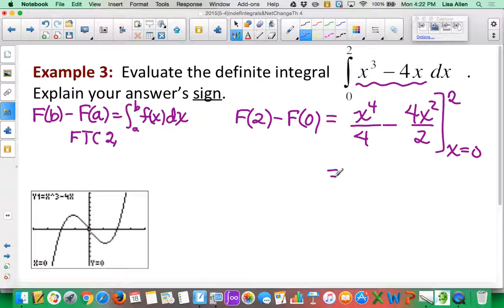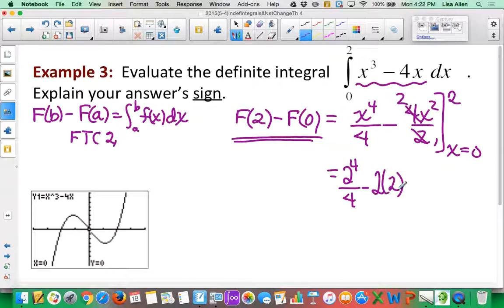We don't do anything at all with the left-hand side. We're just going to evaluate at 2. So here's our antiderivative in here. We're going to plug in the 2, plug in the 0. We plug in 2 to the 4th over 4, minus 2 times, remember the 2 and the 4 cancel, so that's just 2x squared.